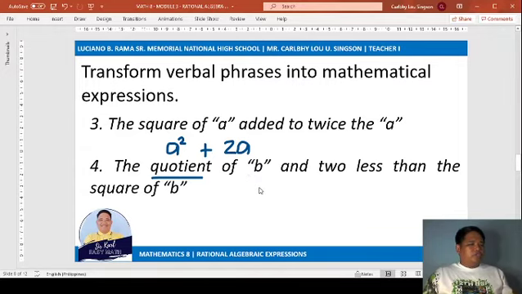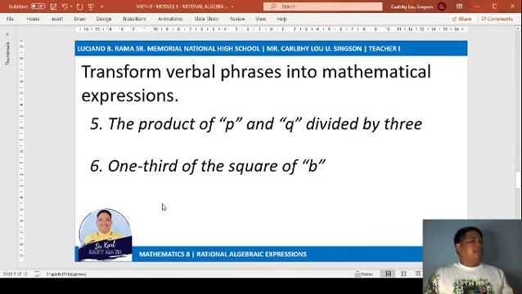So the quotient of b, you write b there, over, since this fraction bar means division also, 2 less than the square of b, okay? So that's it. So b over 2 minus b squared. In verbal phrase, we could say that is the quotient of b and 2 less than the square of b.